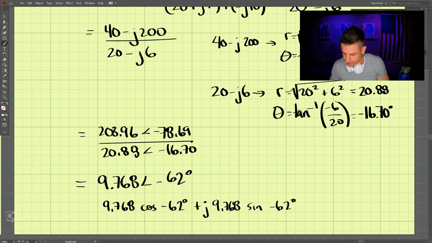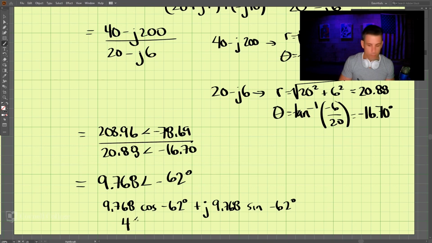And if we do that, calculate that quickly. 9.768 cosine negative 62 degrees.